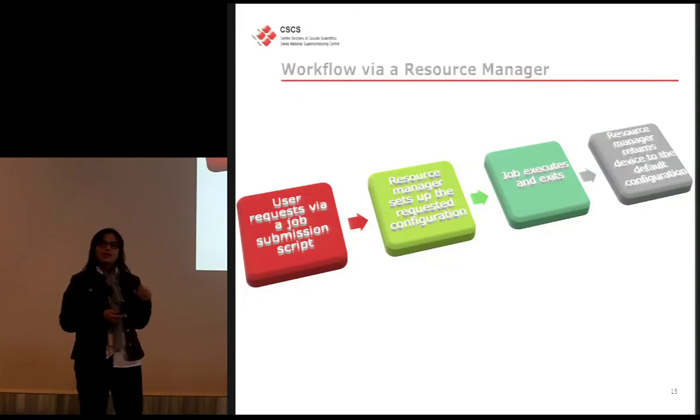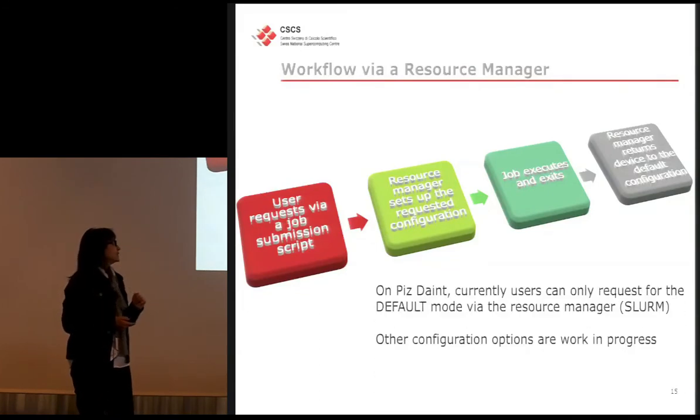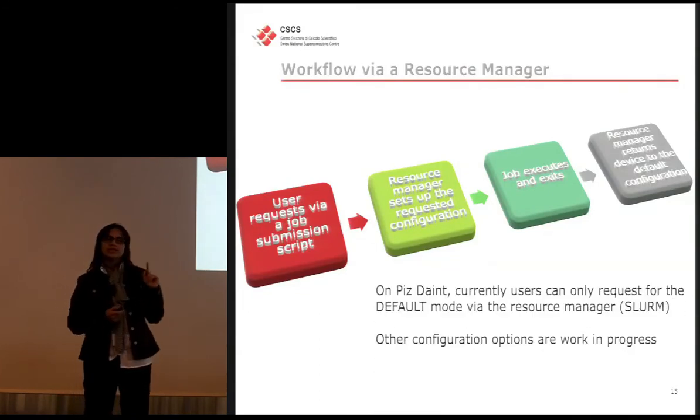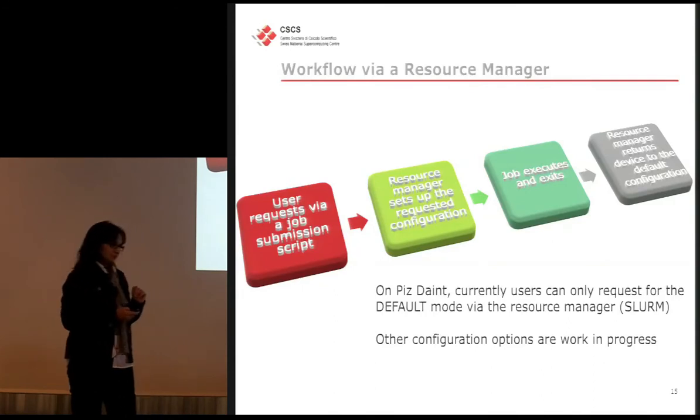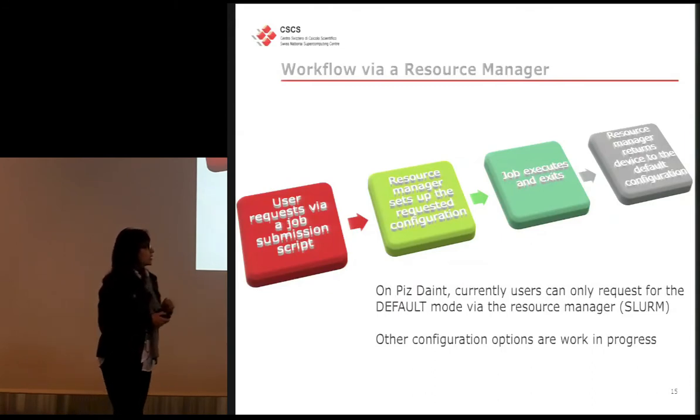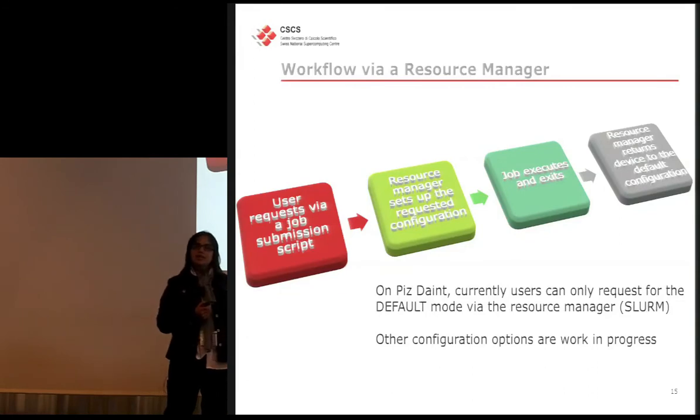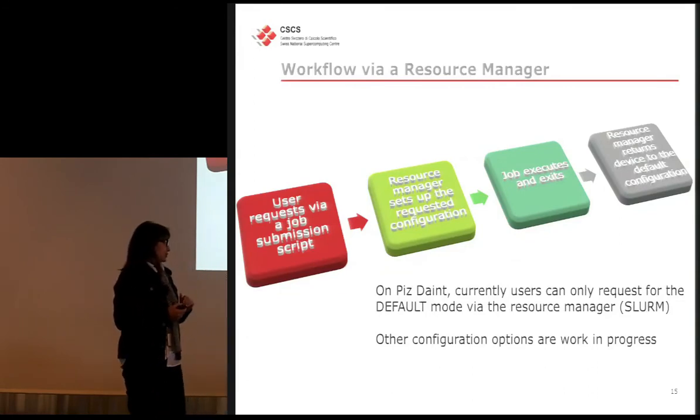So far on our big machine we were successful in doing the very first one, which is the default mode. The others we have done on our smaller test system, but not on the main system. So the user can add a string called constraint, which is called GPU default mode.